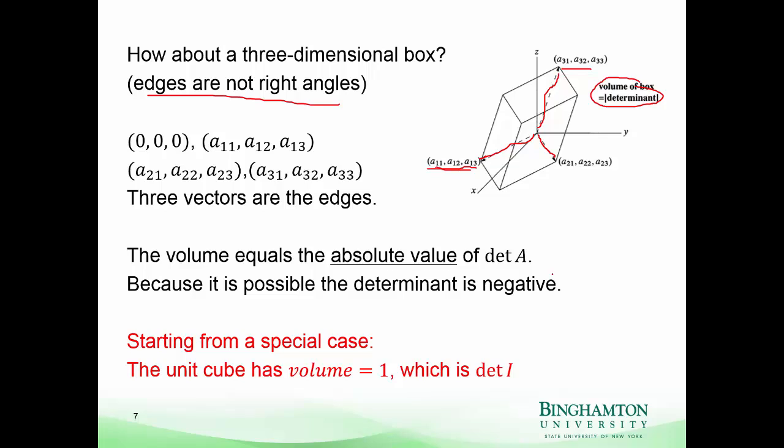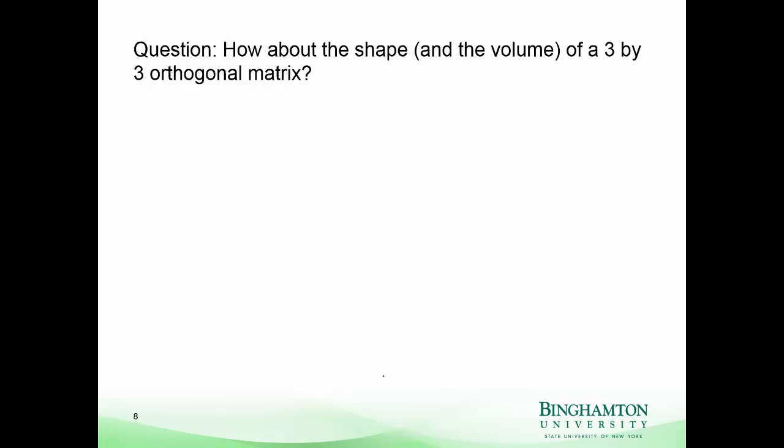And we can check that this idea is consistent with that, because we know that the determinant of the identity matrix is 1, and that matches. So everything seems to be consistent. That doesn't prove it by any means, but it certainly is a nice check. When you're learning new things, you should kind of check to see that they're consistent with things you've learned already.